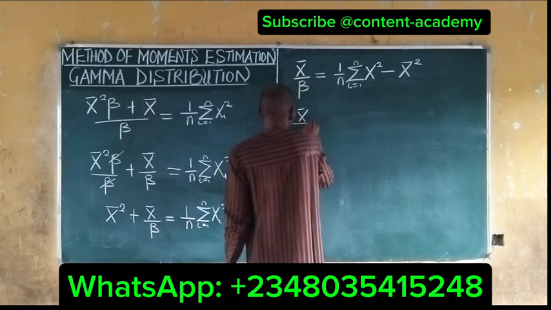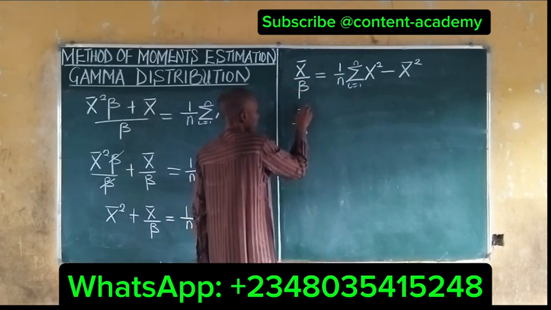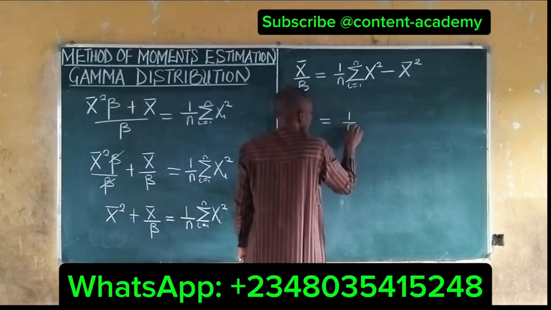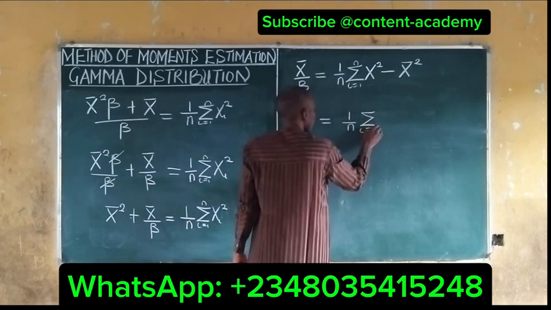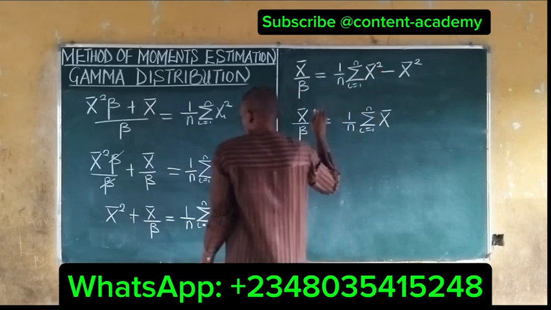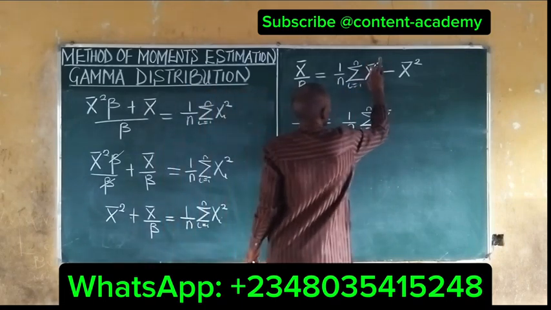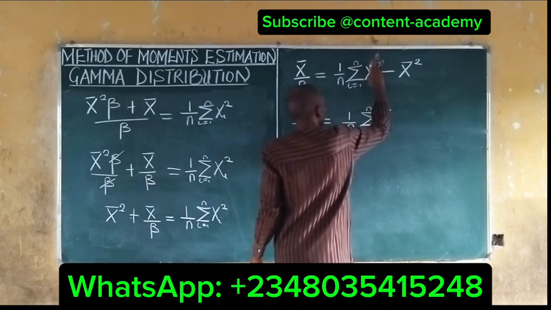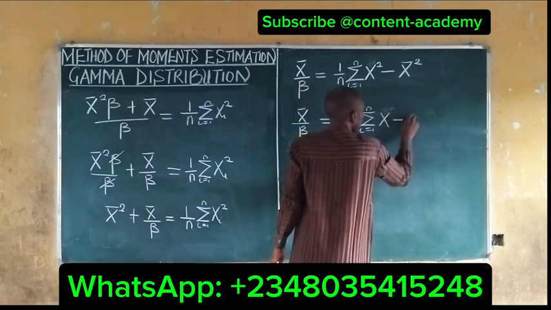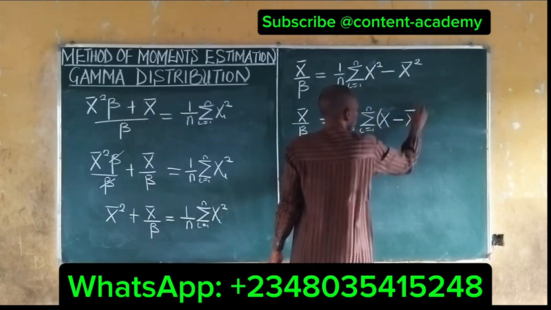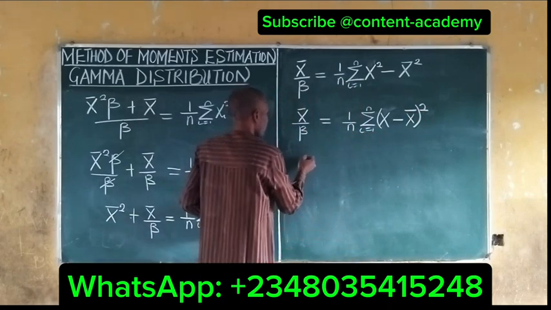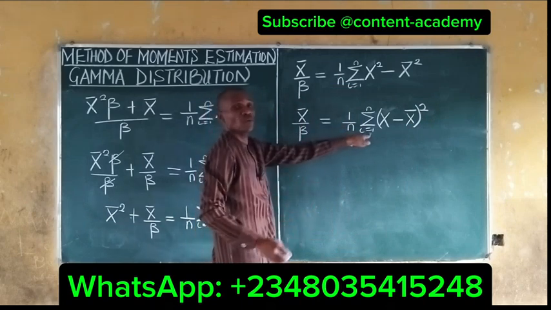It then means that x bar all over beta is equal to, we write it as, 1 all over n summation of, as i running from 1 to n, xi minus x bar squared. Of course, we know this is variance. So we are left with x bar all over beta to be equal to this.